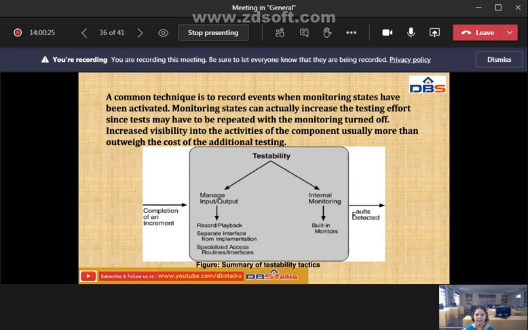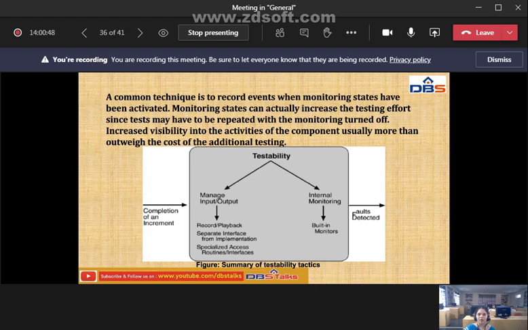Next, the common technique is to record events when monitoring states have been achieved. So when the system is working, we can monitor some states according to the events.